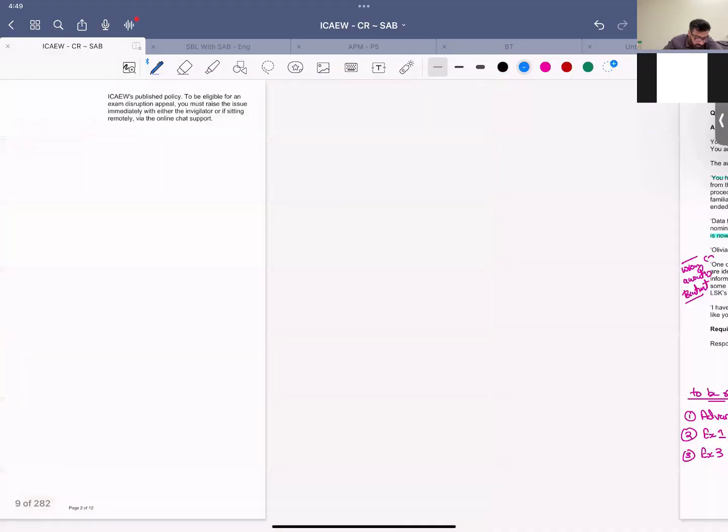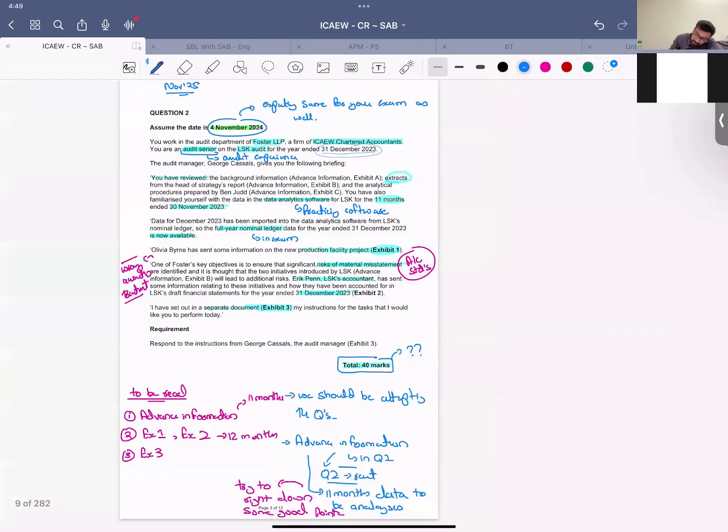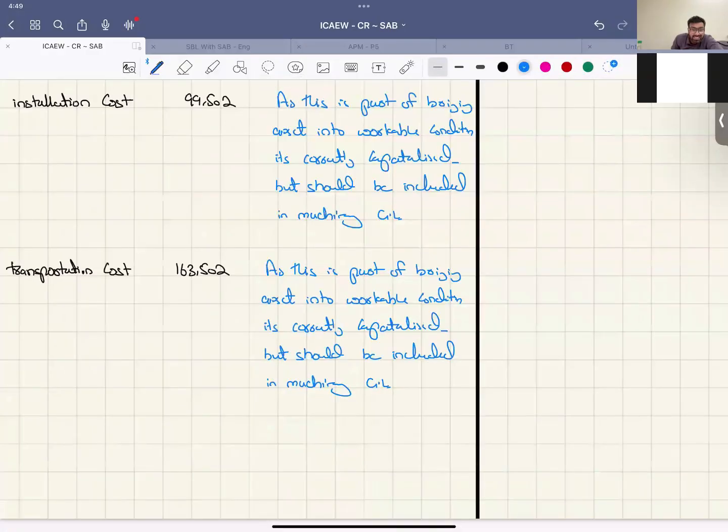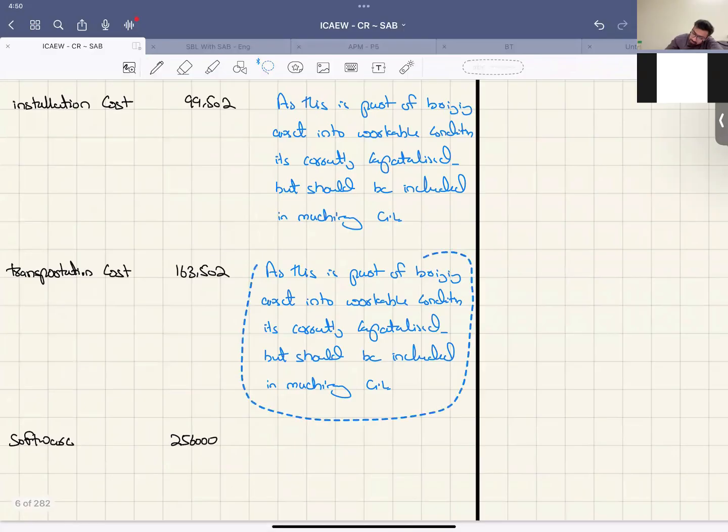Now, software to integrate the machine. Here comes the right answer. It should be capitalized, but what is the correct accounting treatment? Anyone? Yes, this should be a separate asset. 256,000. I'll copy paste this exactly again.